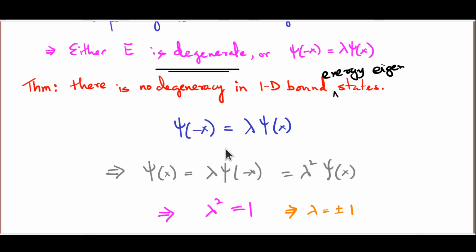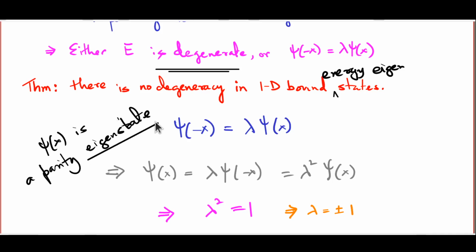In other language, psi of minus x equal to lambda psi of x simply says that psi of x is a parity eigenstate as well. That is, if you carry out the parity operation which changes x to minus x, you end up with a function which is not a new function but a multiple of the old function.